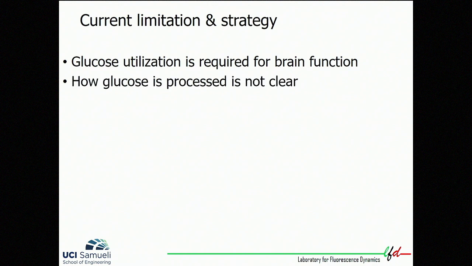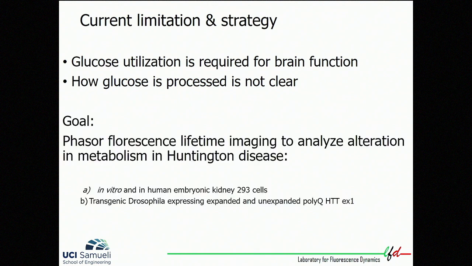So there is a current limitation in this area of research because glucose is required for brain function, and how glucose is processed is not really clear. So we used the Phasor fluorescence lifetime imaging, which I just explained to you how that works, to look at the disease model in Huntington's disease.